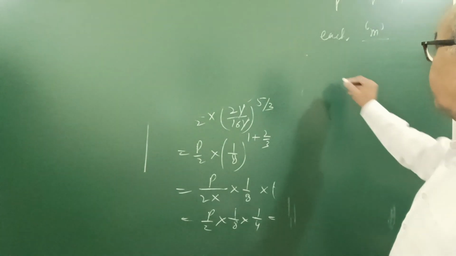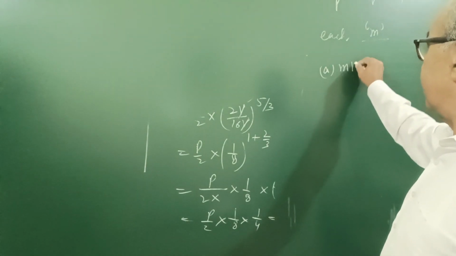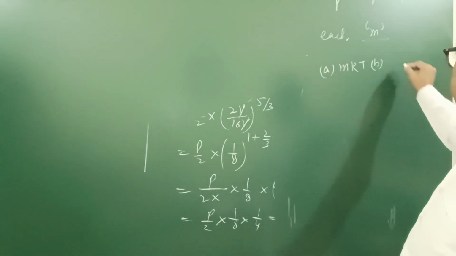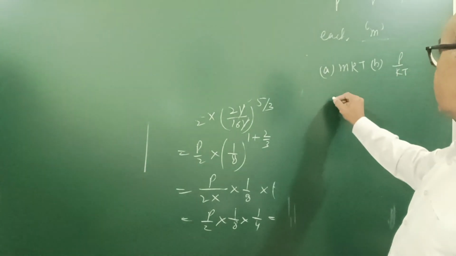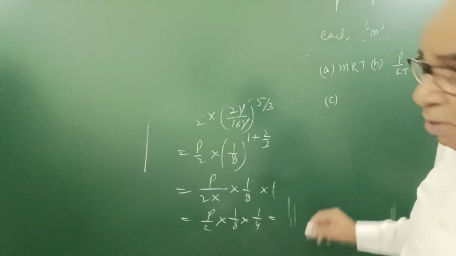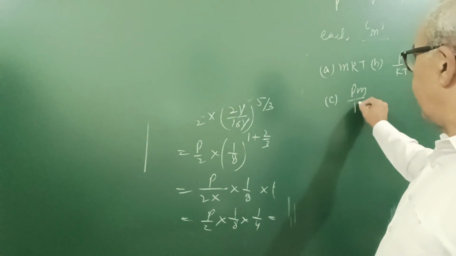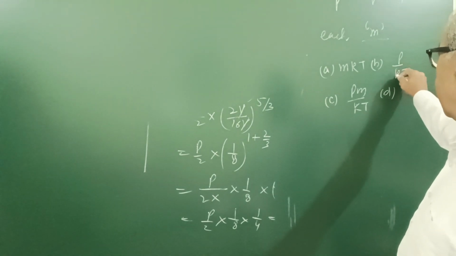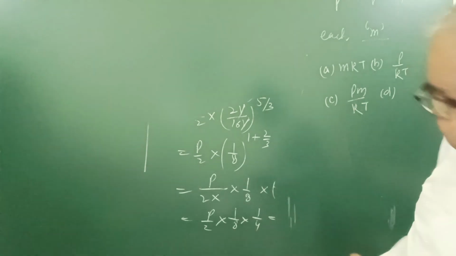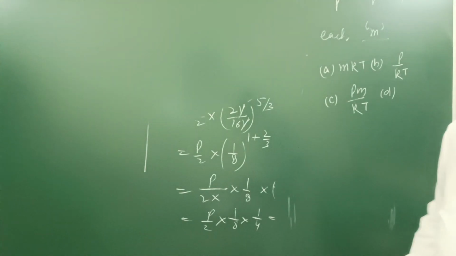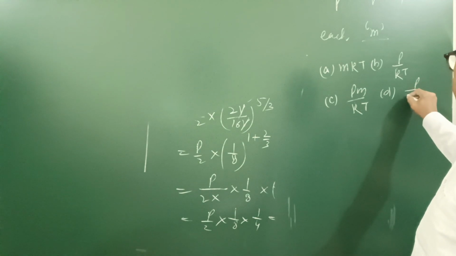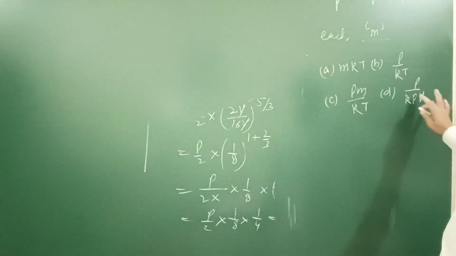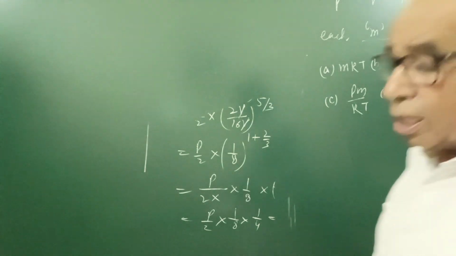Option A is mkT, B is P upon kT, C is Pm upon kT, and D is P upon kTV, where small k means Boltzmann constant, you will learn. So these are the options.